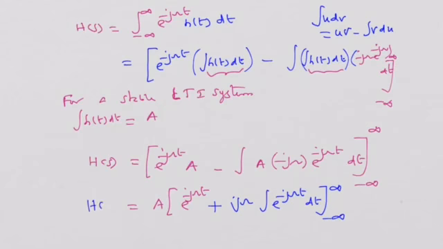H of s is the evaluation of the Laplace transform for s is equal to j omega. It is not sigma plus j omega because we have assumed already that sigma is equal to 0. So it is the evaluation of h of s along the imaginary axis.